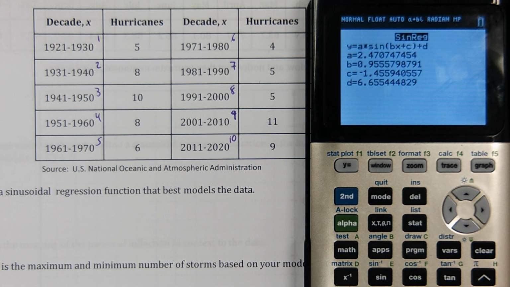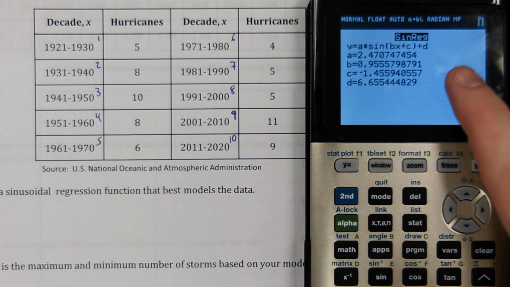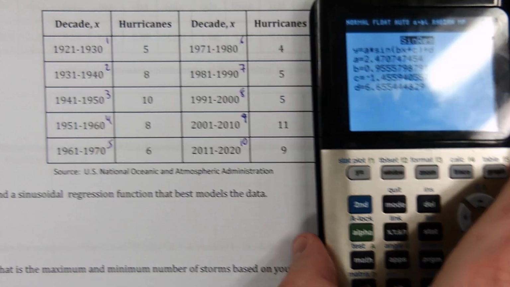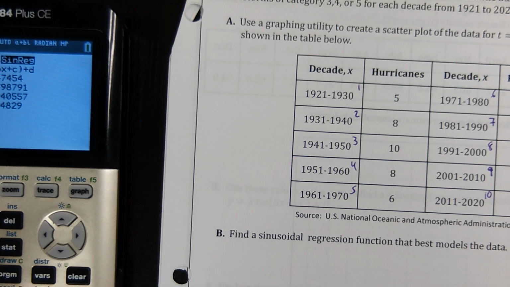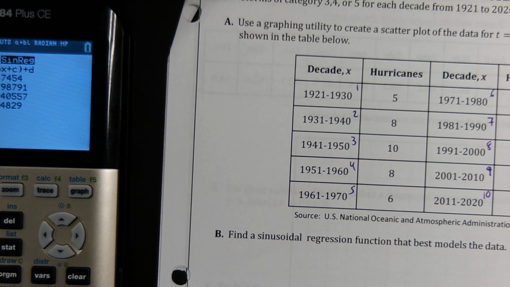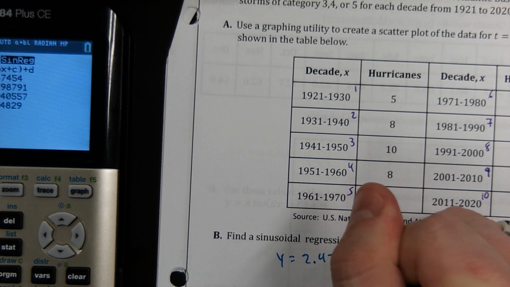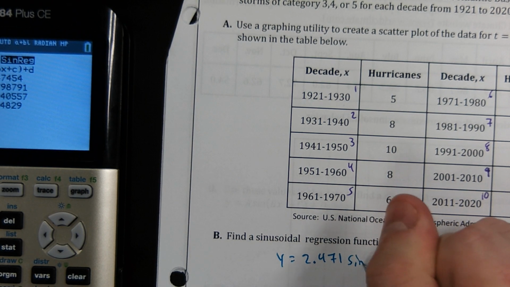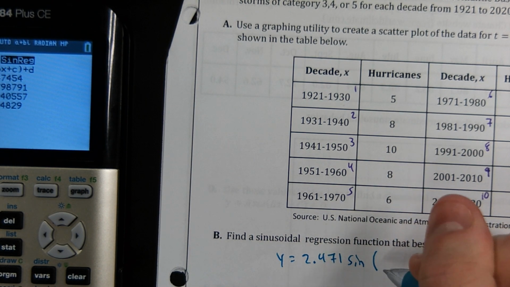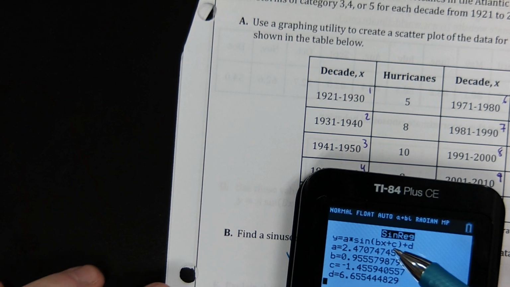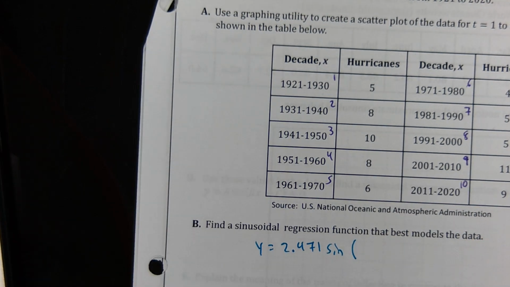Okay. I guess I'm going to write this down and then I'll graph it because I don't want to have to go through the whole calculate thing again. So I'm going to go ahead and write this down. Y equals 2.471 sine of, and what's interesting is that the argument is not factored.